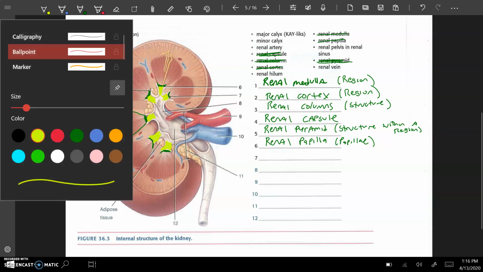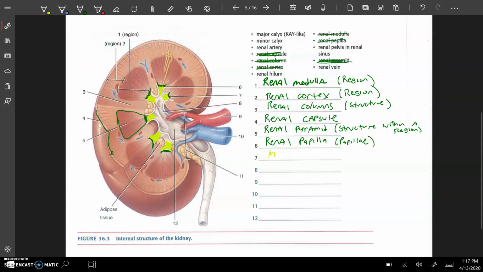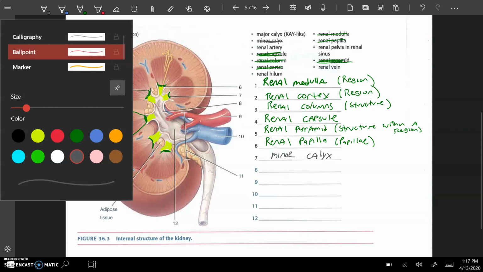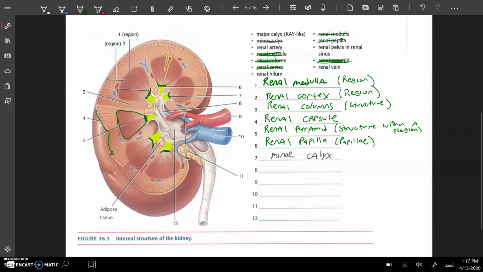Let's cross that off. Number 8, your minor calyces will then drain into your major calyces. So let's go ahead and color those pink. Here's where all the minors meet.